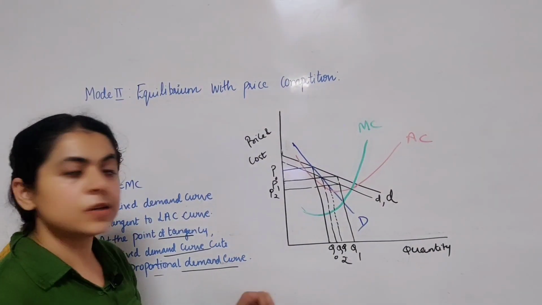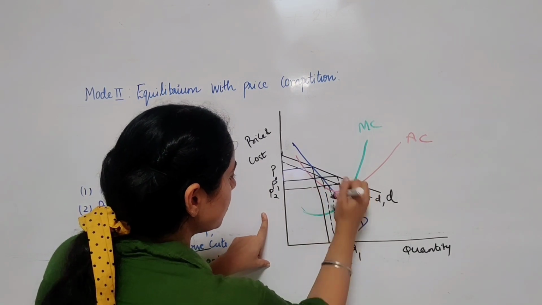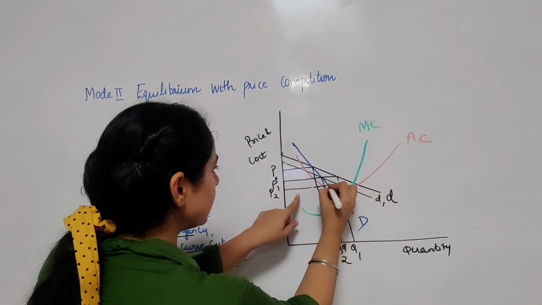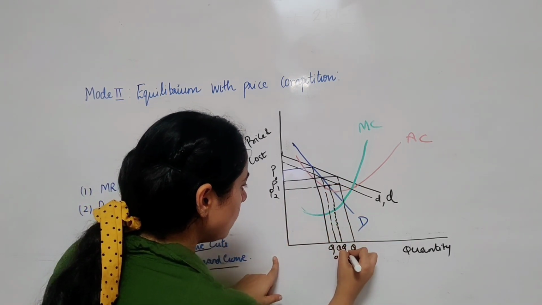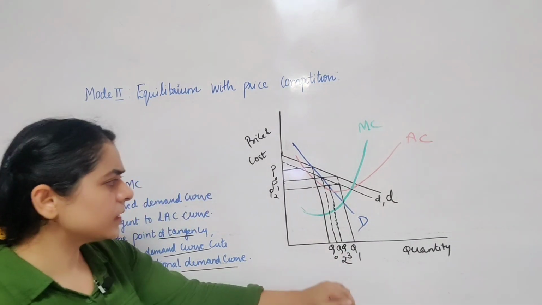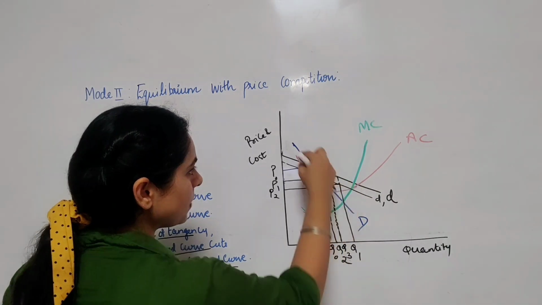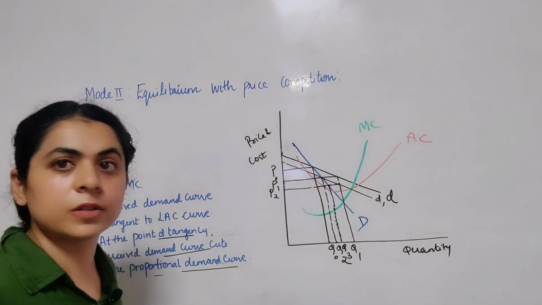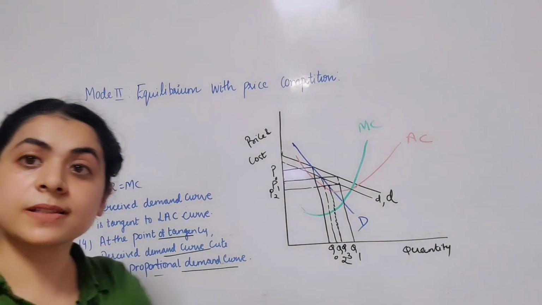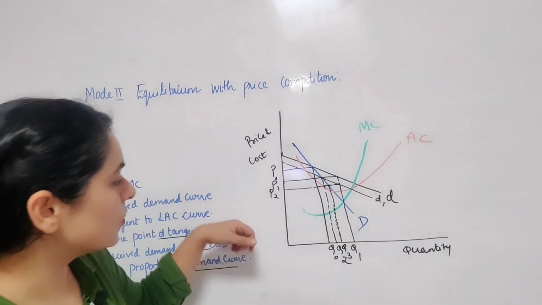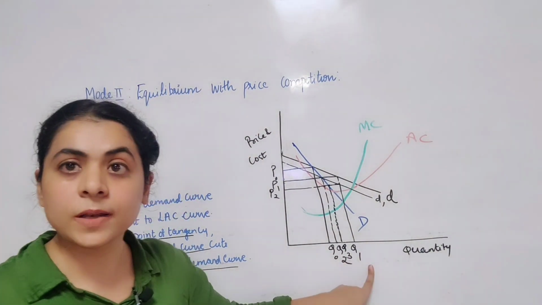The firm further decides to reduce its price to P2 to achieve a target of Q1, but instead the firm is able to achieve only Q3 quantity by reducing the price to P2, as determined by the proportionate demand curve of the firm. The firm will continue to behave in a similar manner and will decide to further reduce the price of the product in order to achieve a target of Q1.